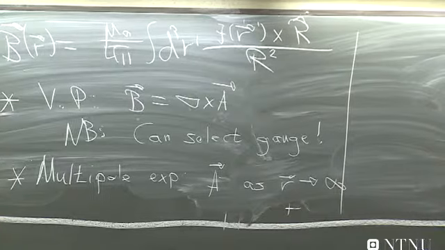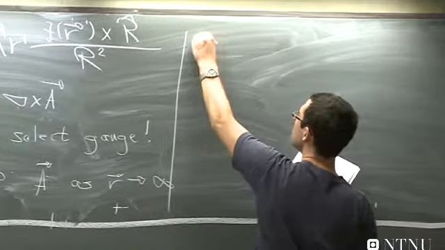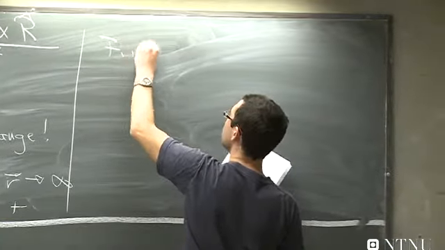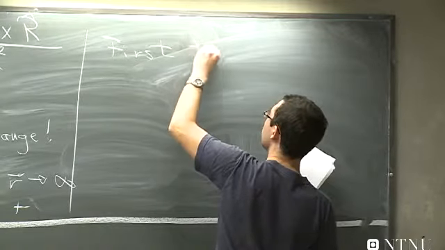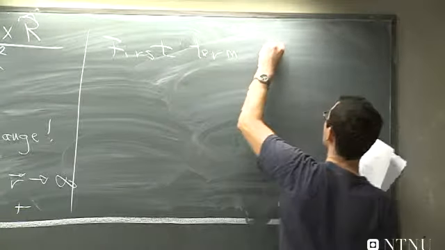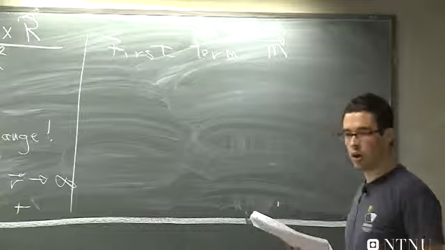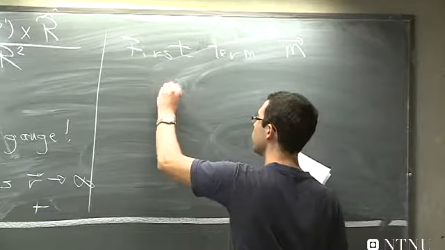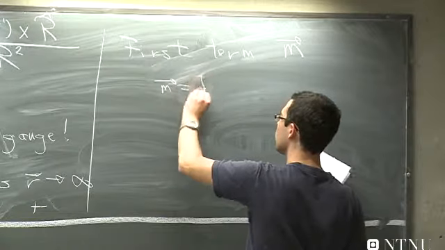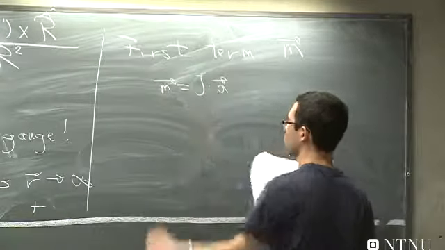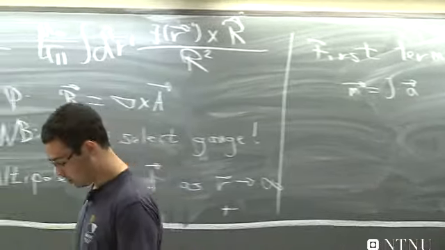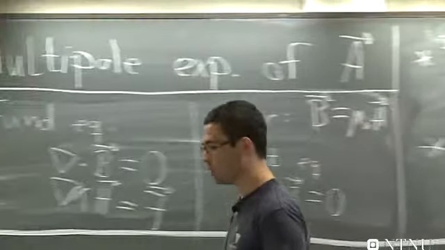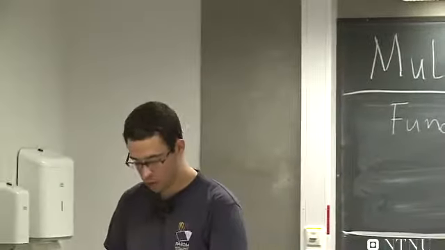And the first term is the dipole moment. And it's essentially the current times the area of a loop. Like this.